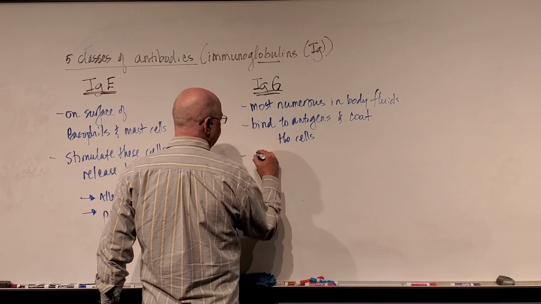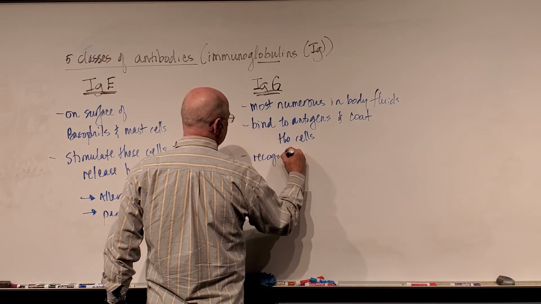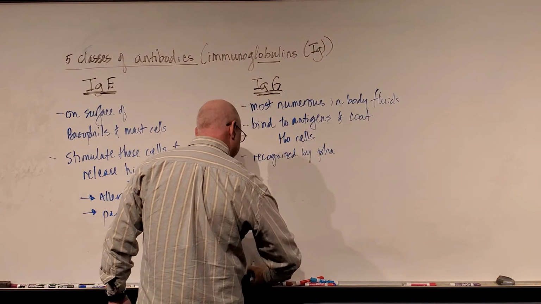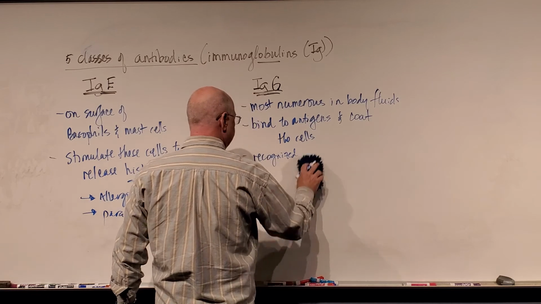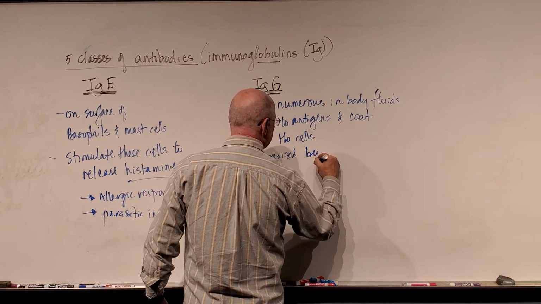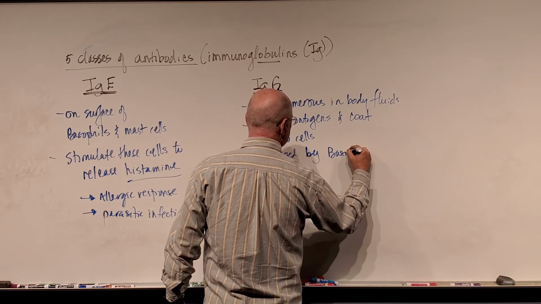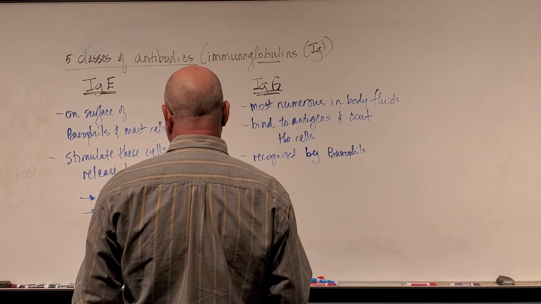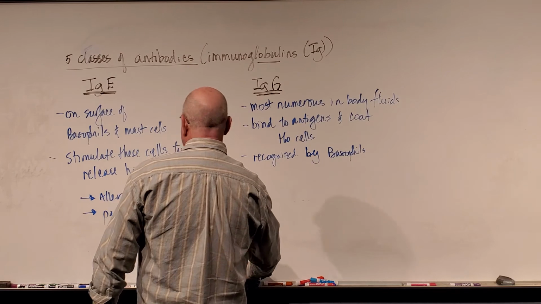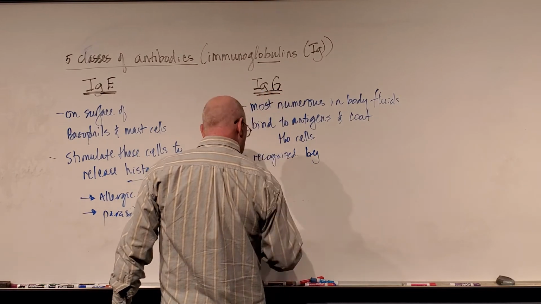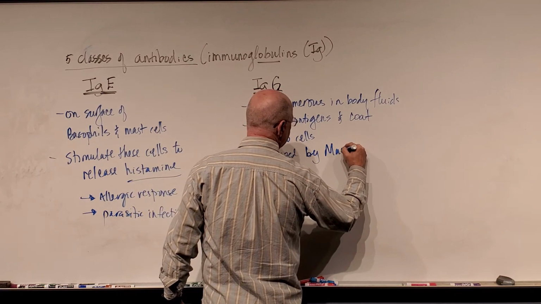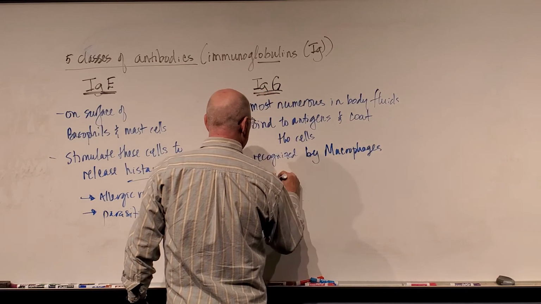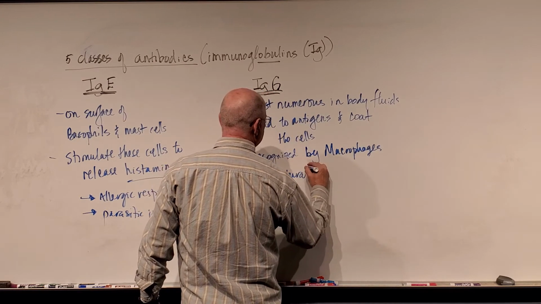So the effector region is recognized by phagocytes. Well, particular phagocytes that recognize them are basophils. Did I say that right? No, it's not basophils. My bad. It's macrophages and natural killer T cells.